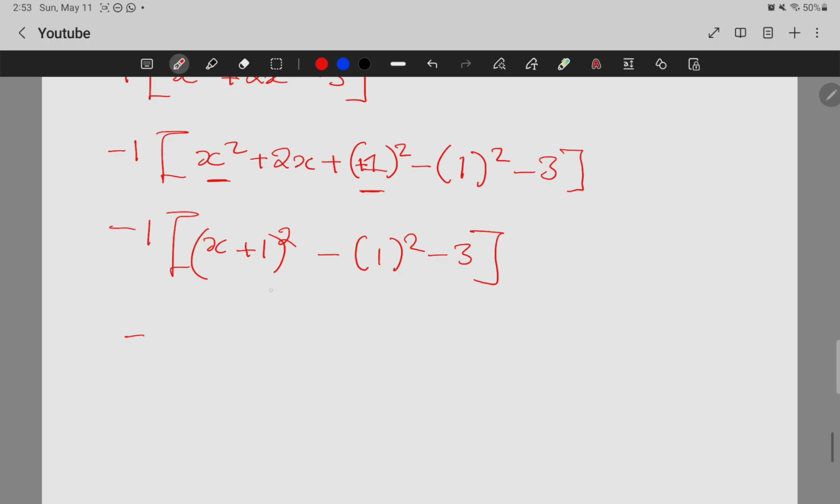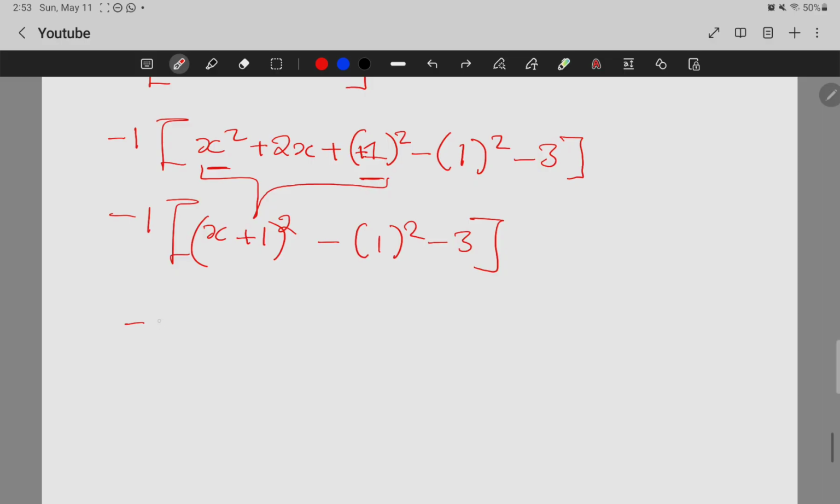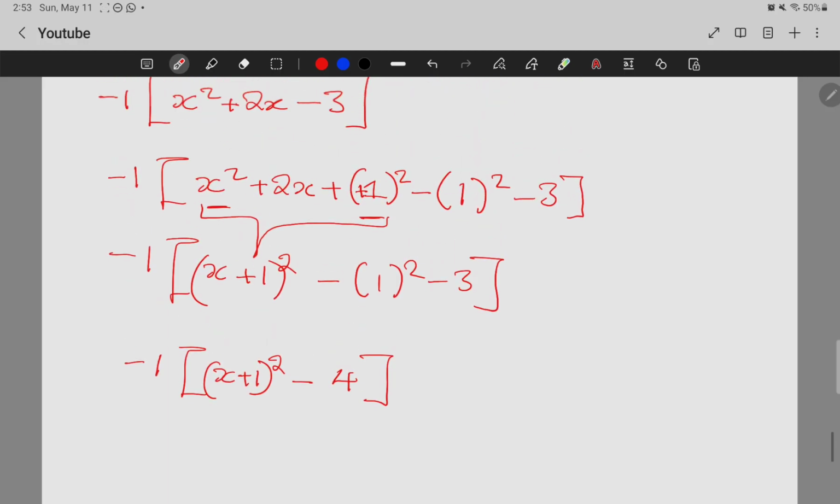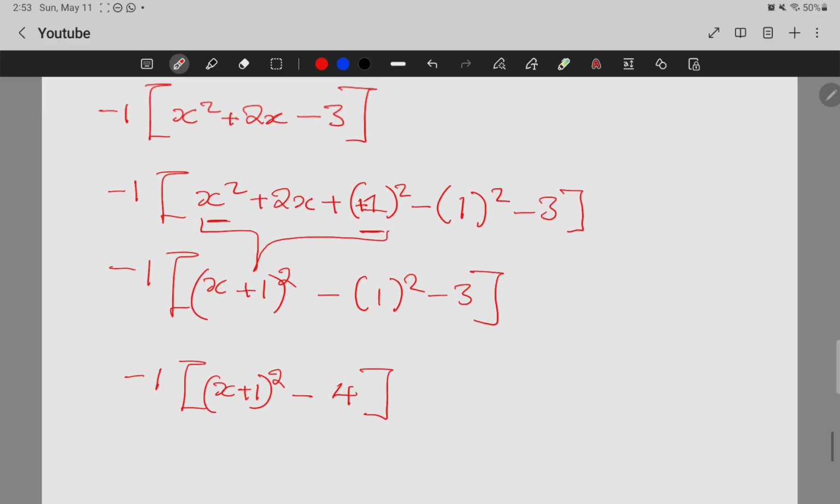So this whole thing can be simplified to just that. If you expanded this, it will go back to just x squared and even account for that 2x we omitted. So now you have minus 1. This is x plus 1 squared minus 1 squared, which is 1. Then combine with the minus 3, giving us minus 4. So this is what we end up having.